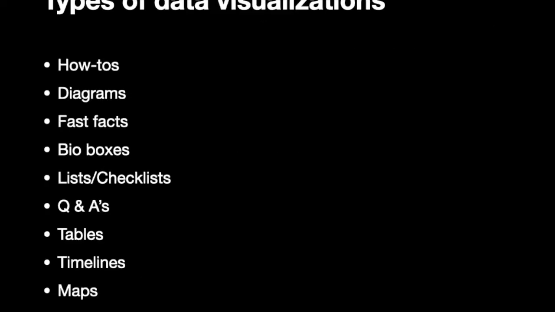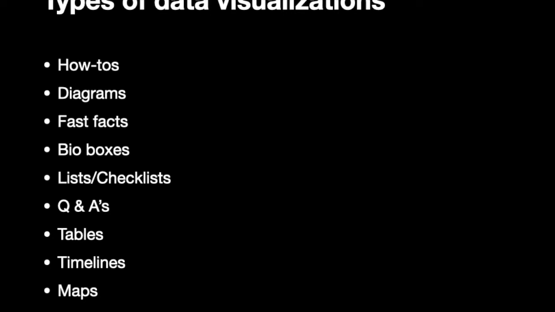There are tons of different kinds of data visualizations or informational graphics. This is not an exhaustive list at all, but there are things like how-tos, how to tie a scarf, for example, diagrams, what something looks like, breaking it down. In news sites, you might see things like fast facts or bio boxes, quick snapshots about people.